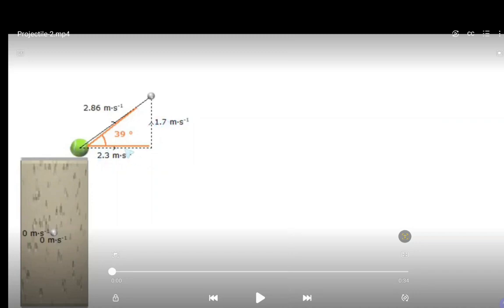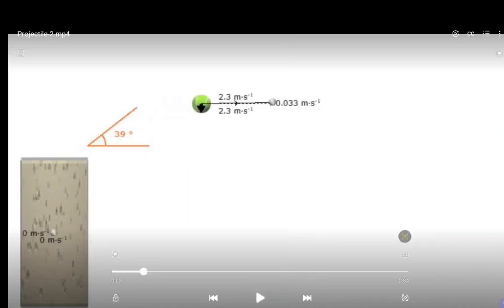The object in this case is thrown at some angle, 30 degrees. As we can see here, x is constant all the way, and at this point, the maximum height, the y component equals 0, and the only velocity component carrying this object is the x component.